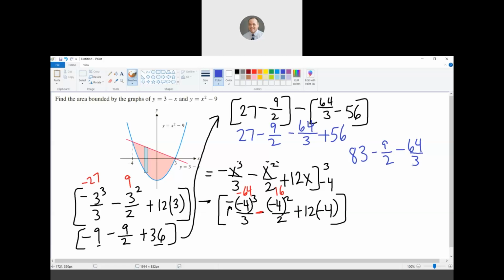So the common denominator is 6, and I'm just rewriting each part as something over 6. In the middle, 2 goes into 6 3 times, and 3 times negative 9 is negative 27.